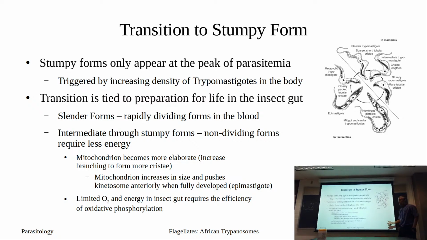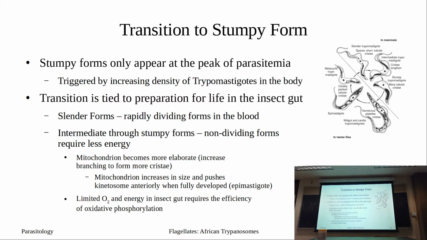The thing is that we're in the insect gut, we're in the salivary gland. Limited oxygen, limited nutrients, still some oxygen, but that means we're going to try to be as efficient as we can, and that means utilizing oxidative phosphorylation for our ATP production. That's the reason why we're transitioning. It's this need to increase efficiency of energy production.